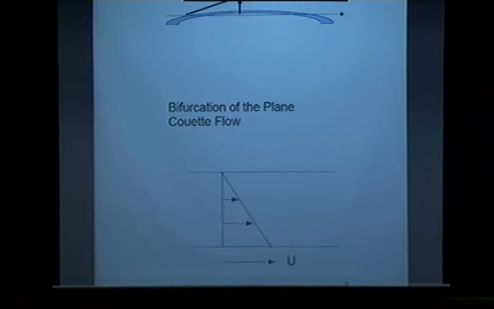Therefore, in the original coordinate, uy is a component, but in the Cartesian coordinate there is another contribution from ux. Therefore this ux enters that momentum equation. Okay, that is the equation.